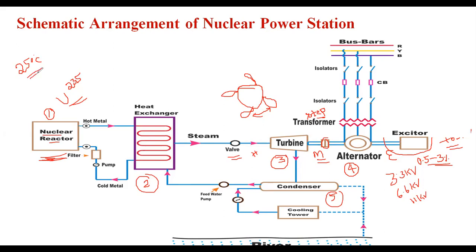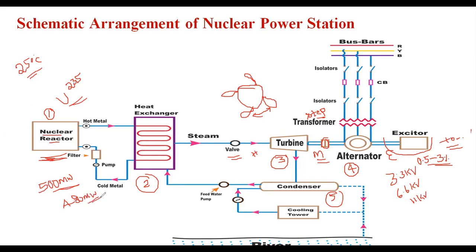And one more advantage in the nuclear power plant is that it is applicable for both base load as well as peak load power generation. For example, the plant capacity is 500 megawatt, but actually we are generating 480 megawatts.